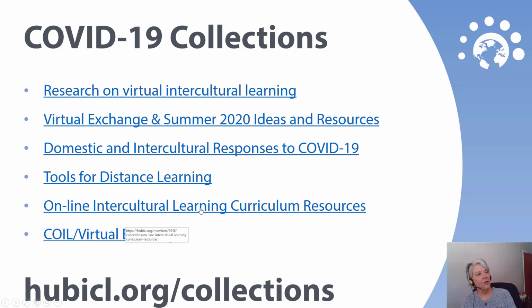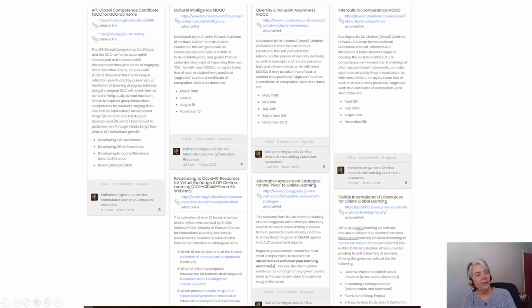But going back here to online intercultural learning curriculum resources, if we were to open this up, what we would find are the AFS Global Competence Certificate with a link directly there, 3 MOOCs that you could assign to participants or students that they can do on their own about cultural intelligence, diversity and inclusion, intercultural competence.